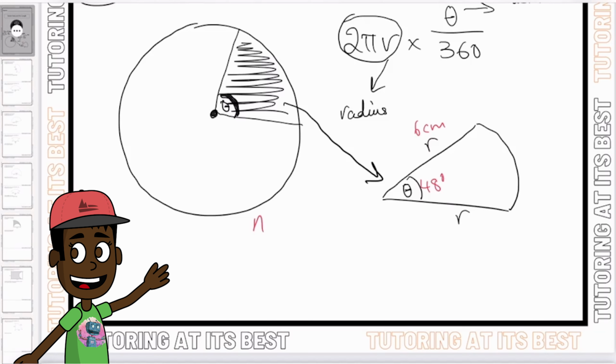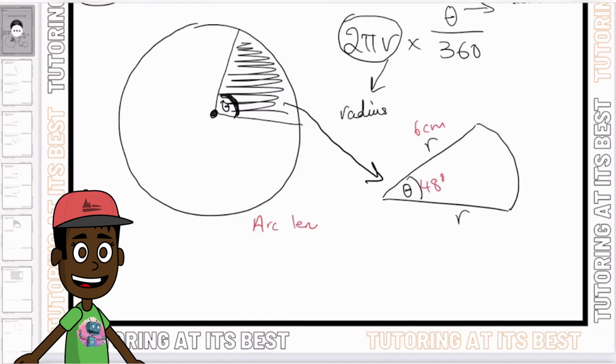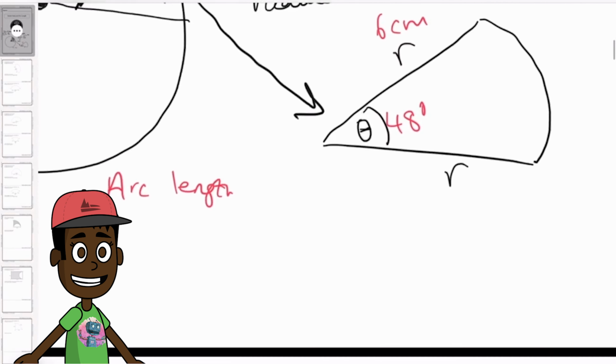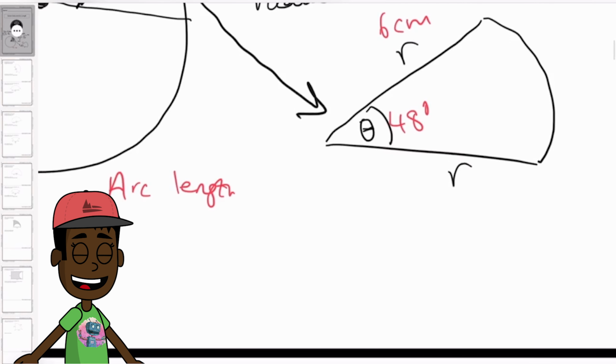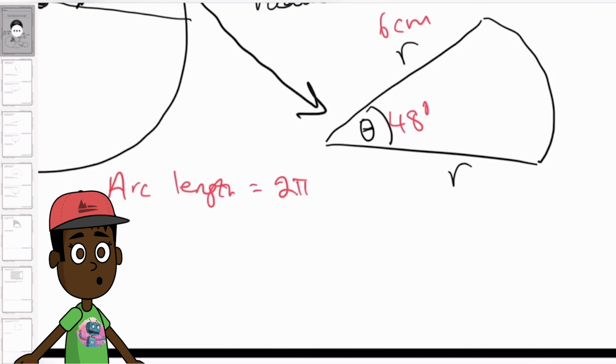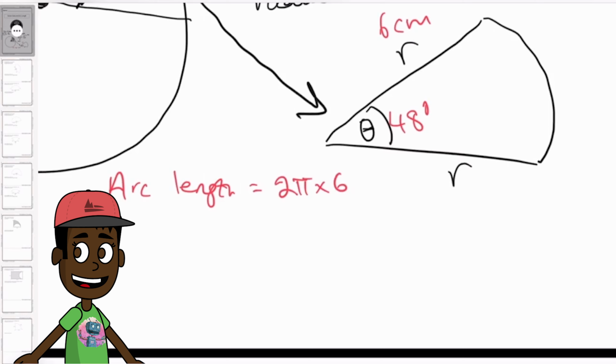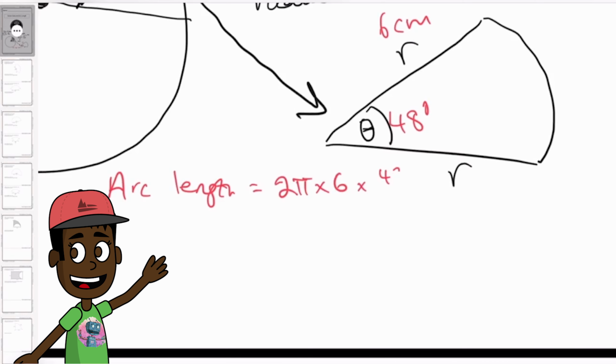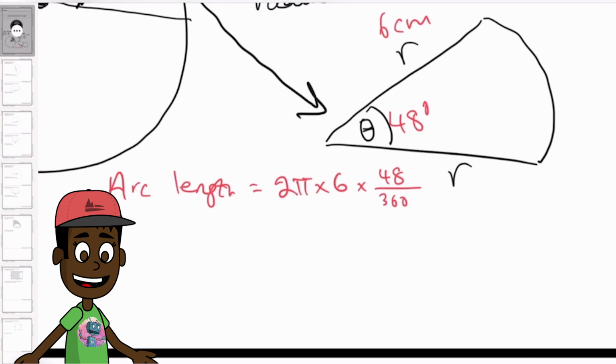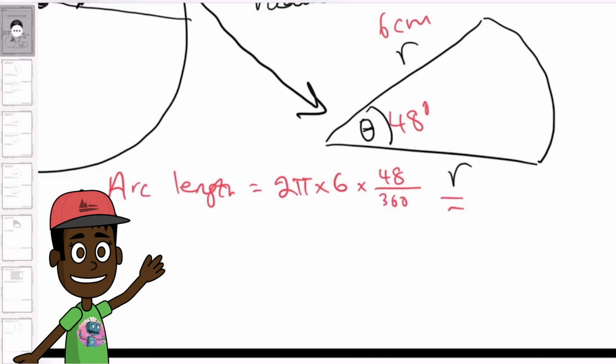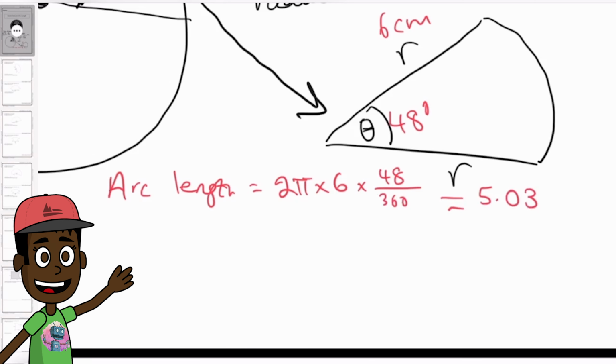So if I work out the arc length, what do we have to do? Well, the first thing we're going to do is have 2 pi times r, which is 6, times 48 degrees over 360 degrees. And if we put that in a calculator, that will give us 5.03 centimeters.